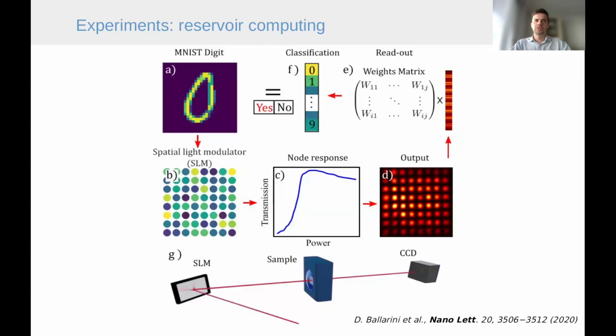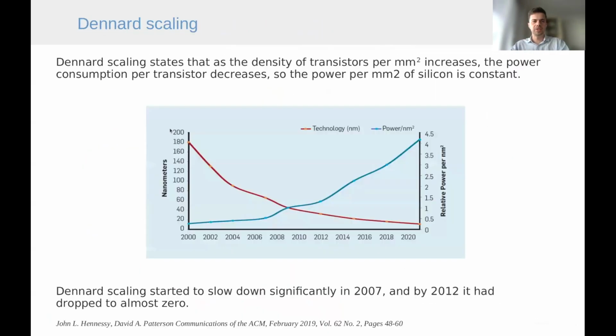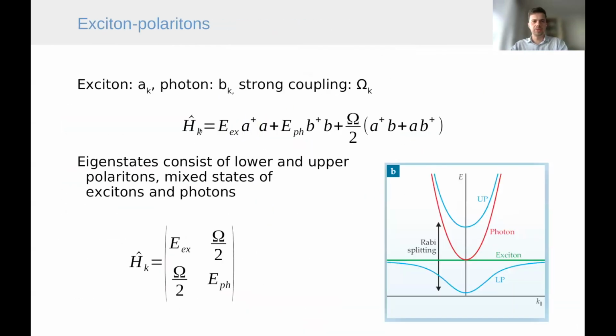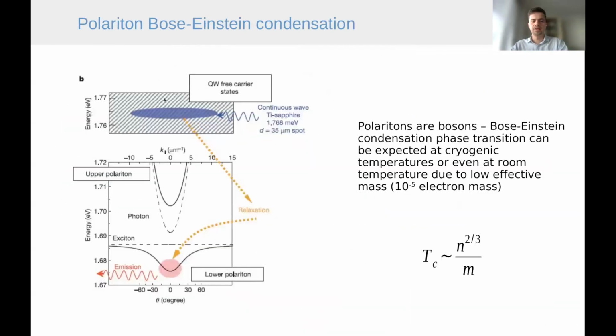Another way is to use non-resonant pumping, when we pump slightly above the energy of the polaritons, as I mentioned in the case of Bose-Einstein condensation. Then after relaxation, the particles condense in the bottom of the dispersion. So in this case, the emission will obviously have lower energy than the excitation.